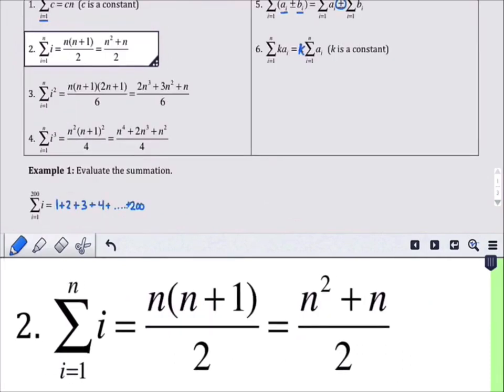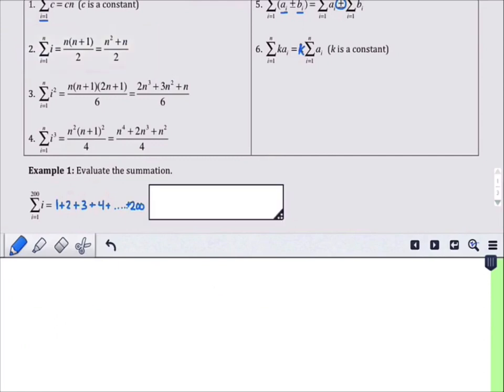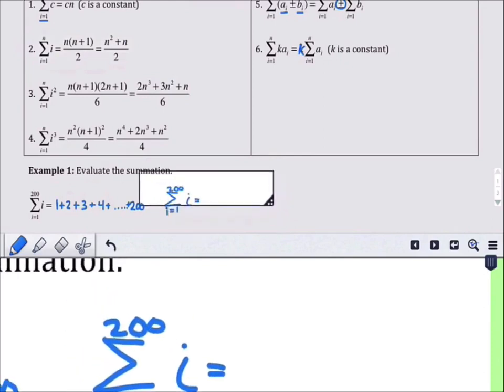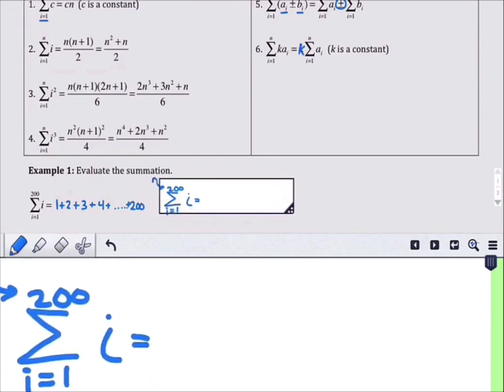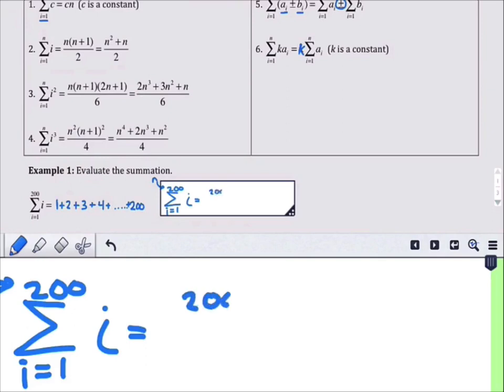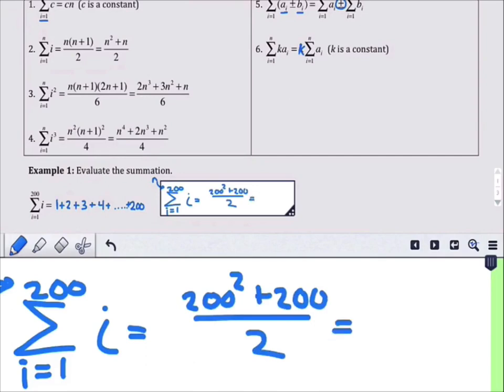Recall, the sum from i equals 1 to n of i is (n squared plus n) over 2. In this case, n equals 200. So we can say (200 squared plus 200) over 2, and then we can use a calculator and come up with 20,100.